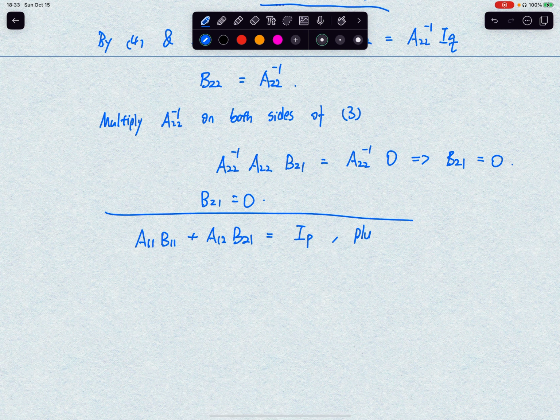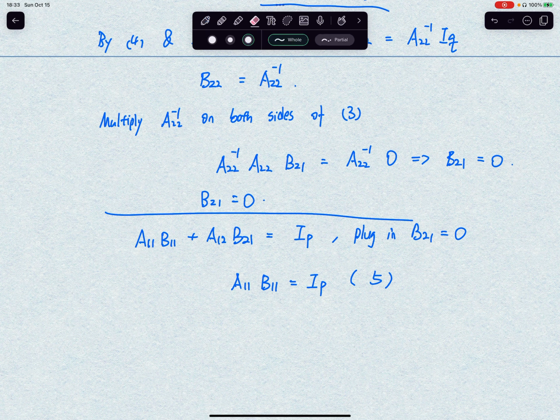This gives us the equation A11 B11 equals IP. If we name this equation 5, equation 5 itself is not sufficient to show that A11 is invertible. So still, by the invertible matrix theorem, we have that A11 inverse exists.